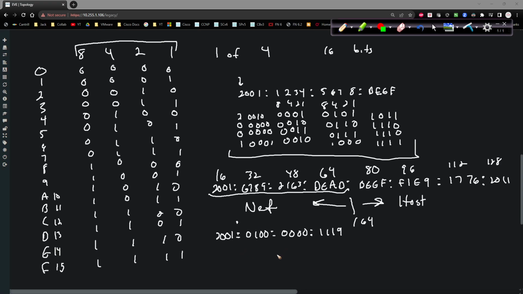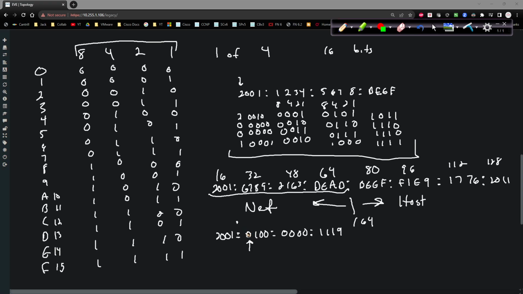If you have a leading 0, and I drew this out the way that I did on purpose, any 0 that is the leading 0, meaning it's the first nibble in your 16-bit section of your address, this 0 can actually be shortened, you basically can drop it.